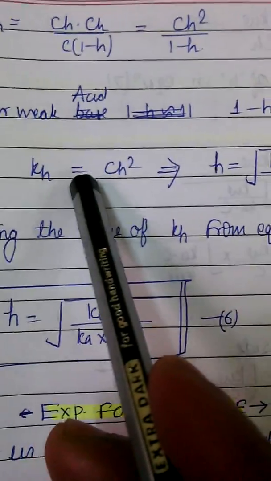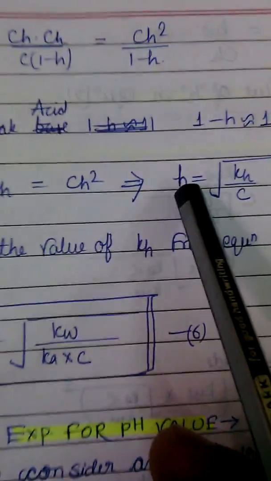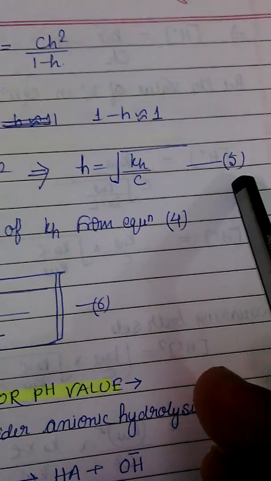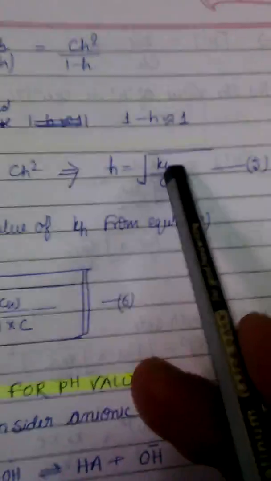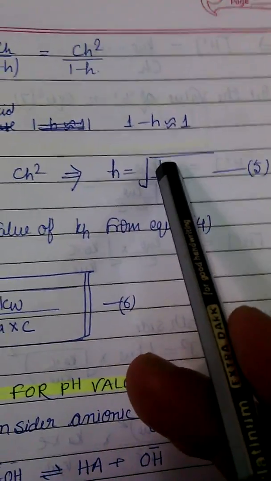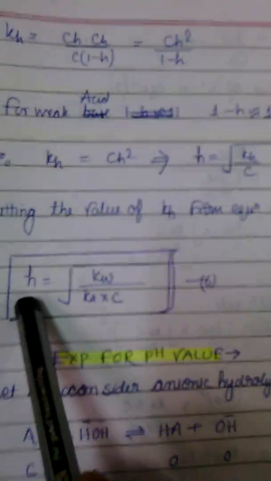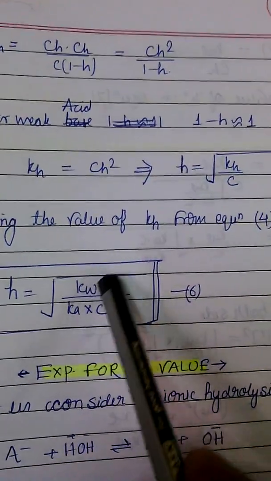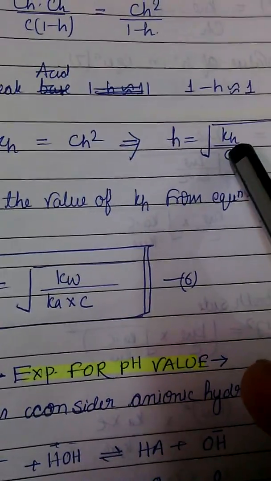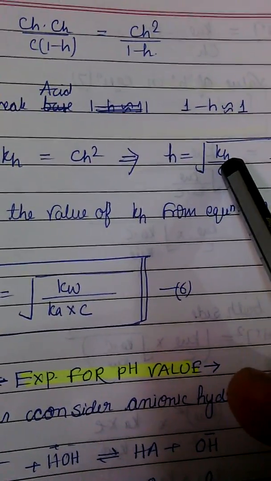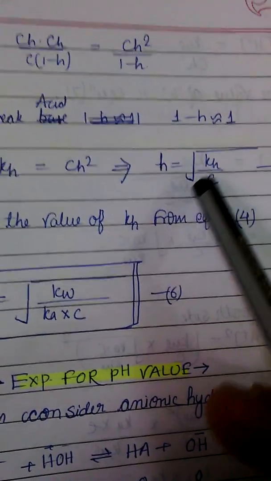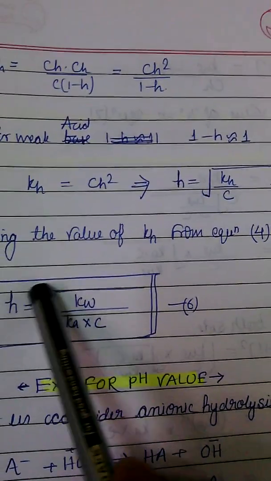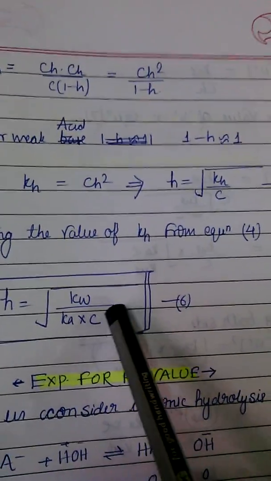Therefore Kh equals Ch square and h is equal to root under Kh by C. This is equation number 5. Now putting the value of hydrolysis constant, we can get the expression for degree of hydrolysis: h is equal to root under Kw by Ka into C, since Kh is equal to Kw by Ka. This is the expression for degree of hydrolysis for the salt of weak acid and strong base.